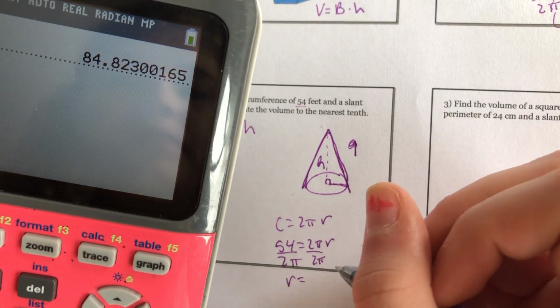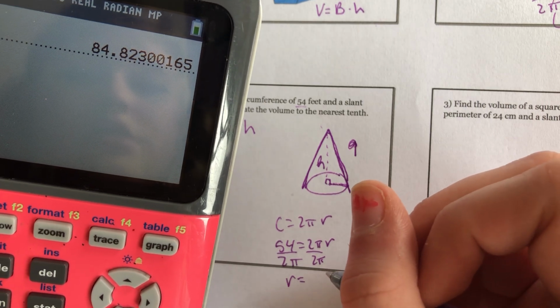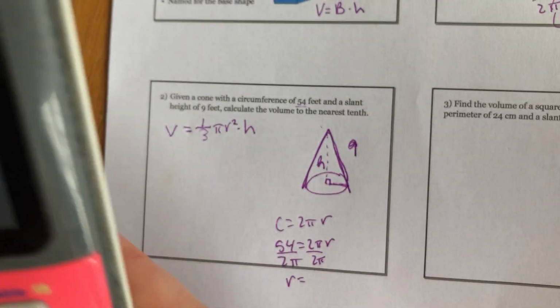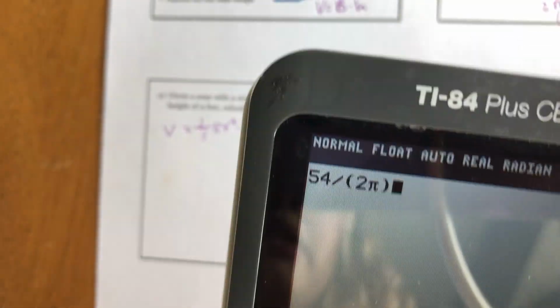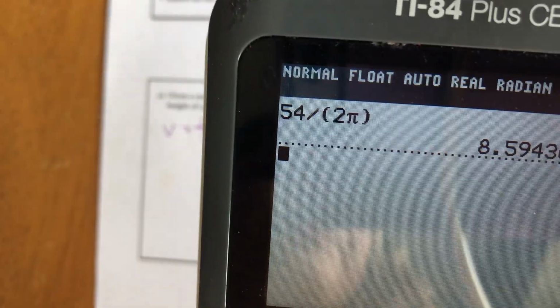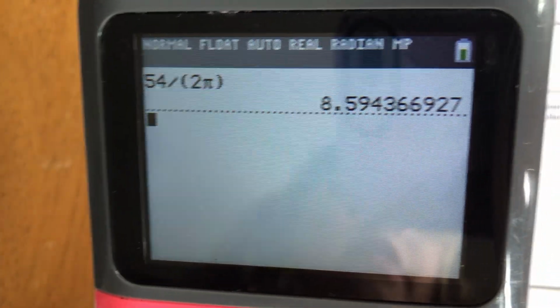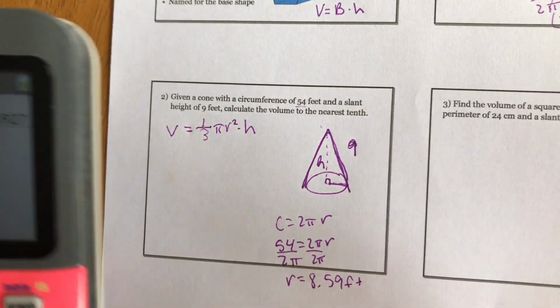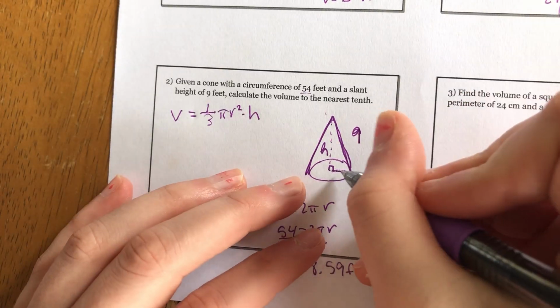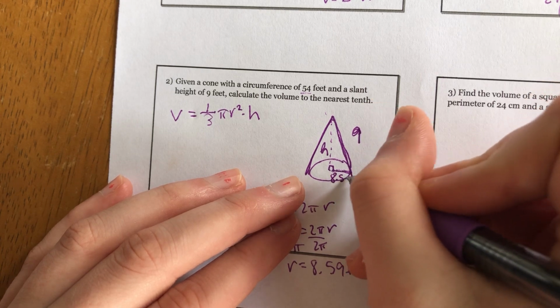Make sure you're plugging it in with parentheses because we want it to be divided by the whole thing. We get 8.59 feet. That's the radius. So that's this value right here, 8.59.